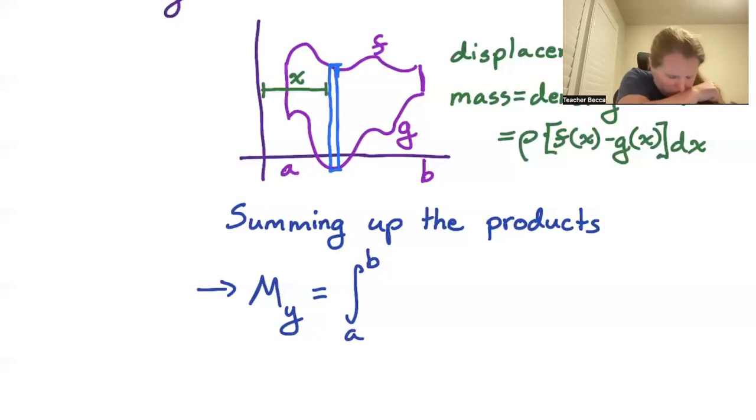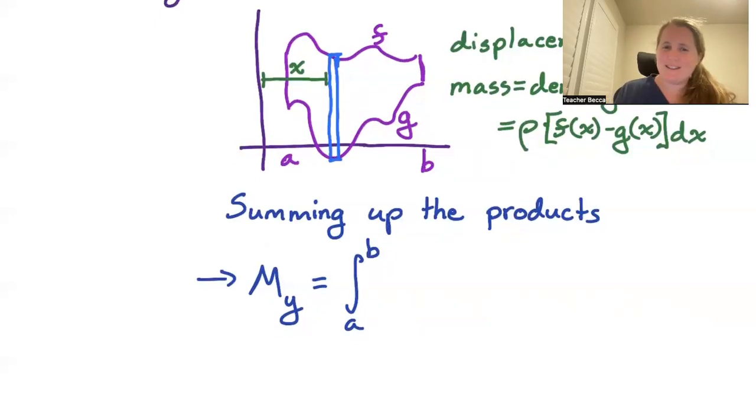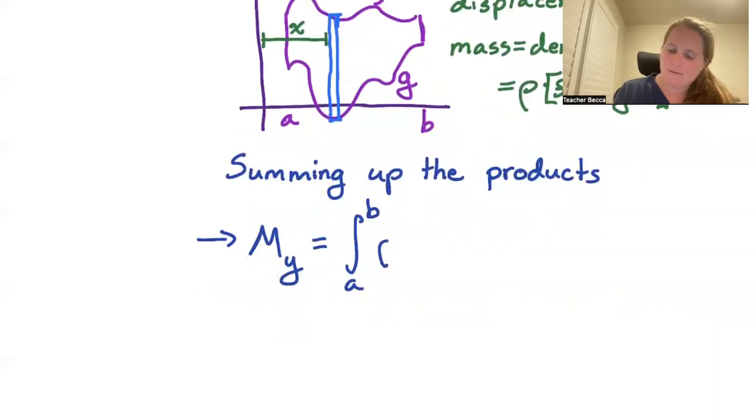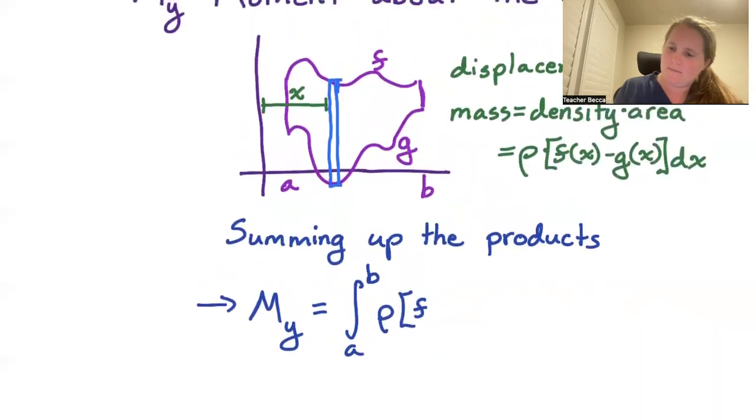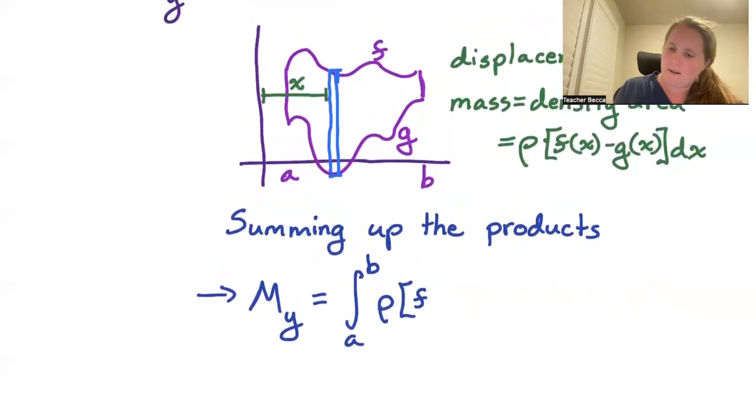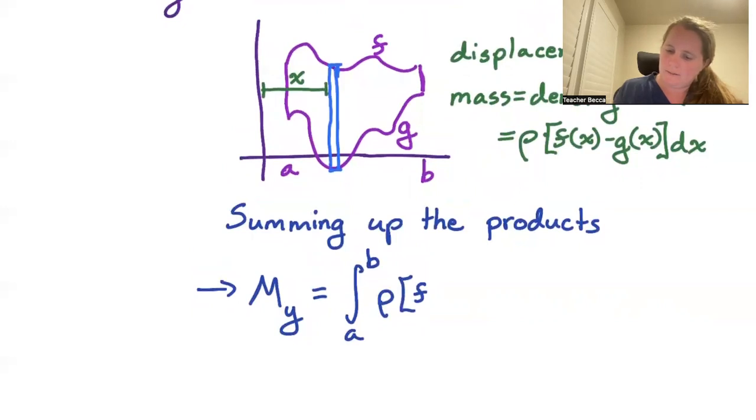I apologize, My is equal to the integral from a to b of rho times f of x minus g of x dx, and then times the displacement.